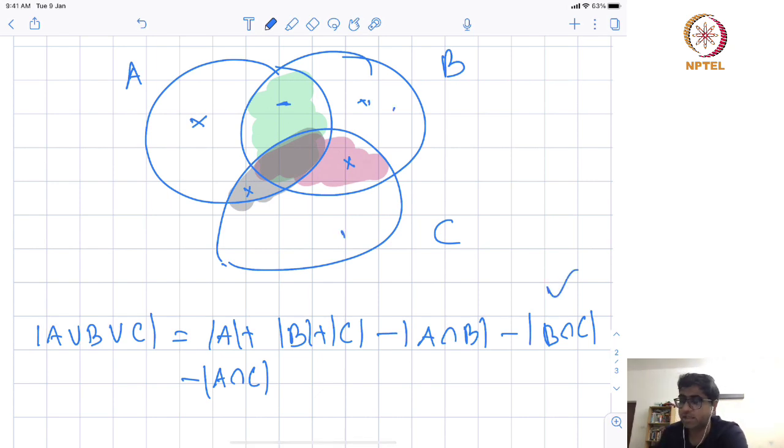These green elements similarly are subtracted only once.